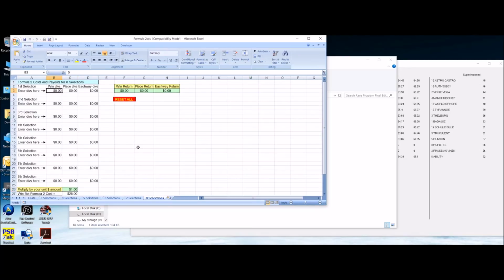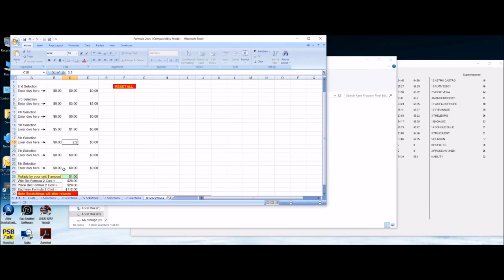Say the first one pays $5 and $2 for the place. The next one doesn't run a place at all. This one pays $3 for the place. That one pays $5 and $1.80 for the place. We get another place getter, pays $2.20. We don't get anything there, and we don't get anything there.